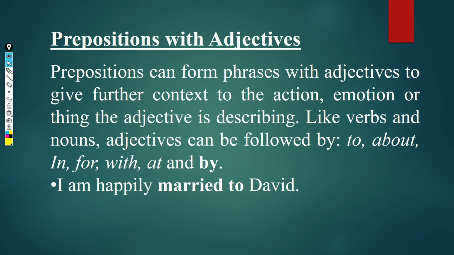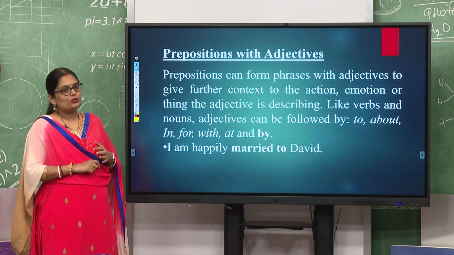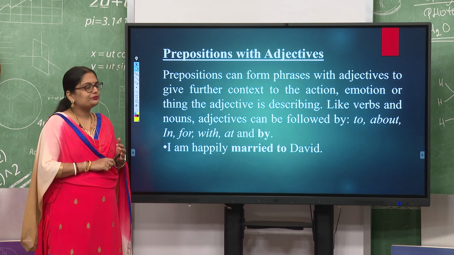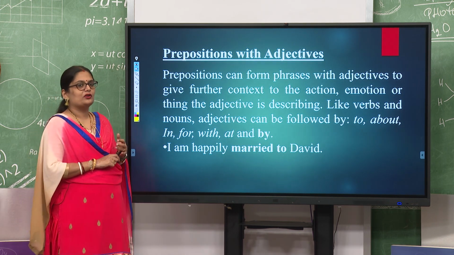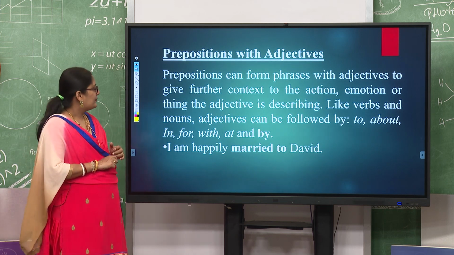Now, prepositions with adjectives. In the previous slides, we learned how to recognize preposition in combination with a noun, how to recognize preposition in combination with a verb, and now we will learn how to recognize a preposition in combination with an adjective. Look at the slide, children.